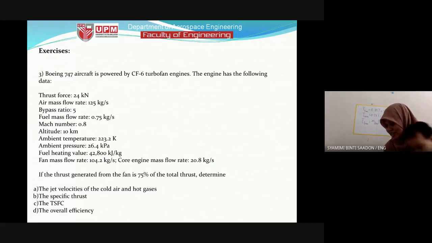Otherwise the rest is direct, right? So UEF should be around 400.